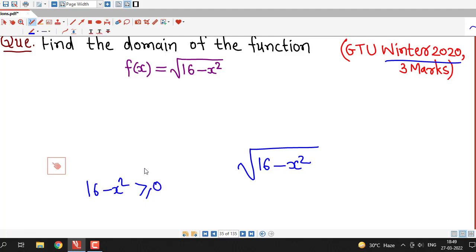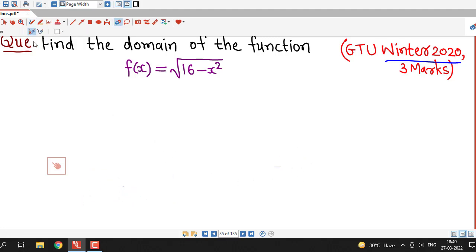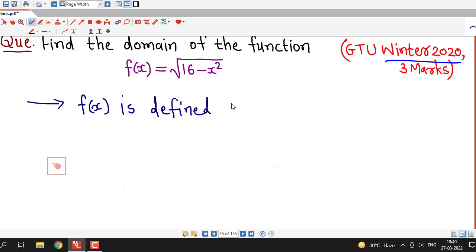The function f is defined for those values of x for which 16 minus x square is non-negative, and we have to decide those values. So we can write in this way that f(x) is defined if 16 minus x square is non-negative, that is greater than or equal to 0.